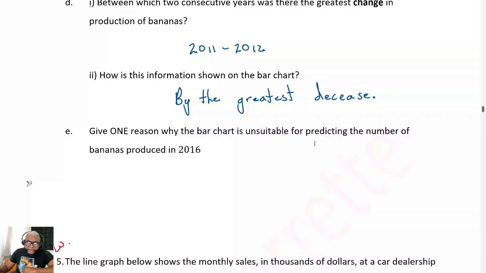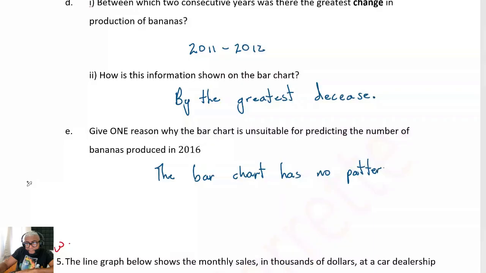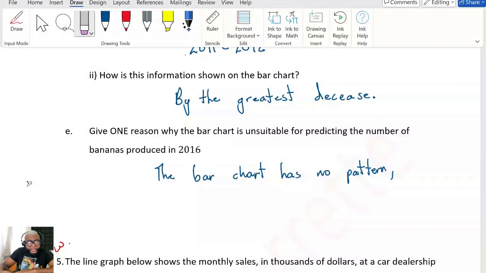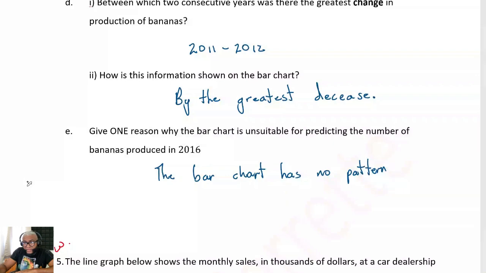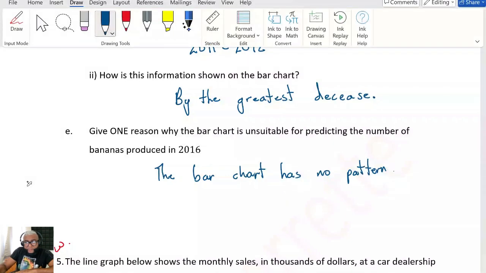Give one reason why a bar chart is unsuitable for predicting the number of bananas produced in 2016. Is there any pattern in this bar chart? I don't see any patterns. So the bar chart has no pattern. You can just write this because it came for 1 mark.